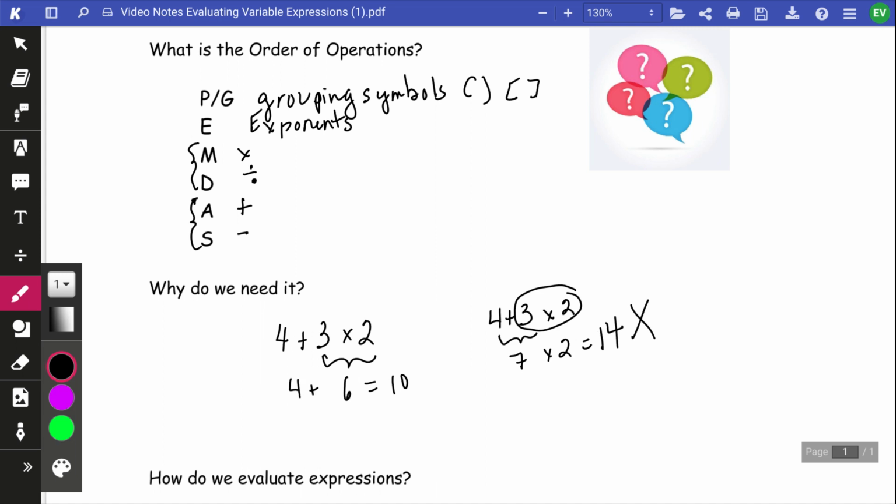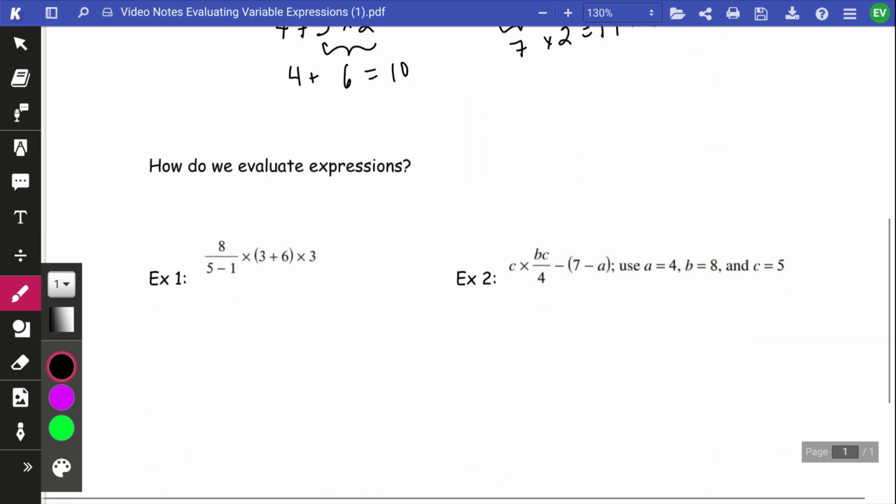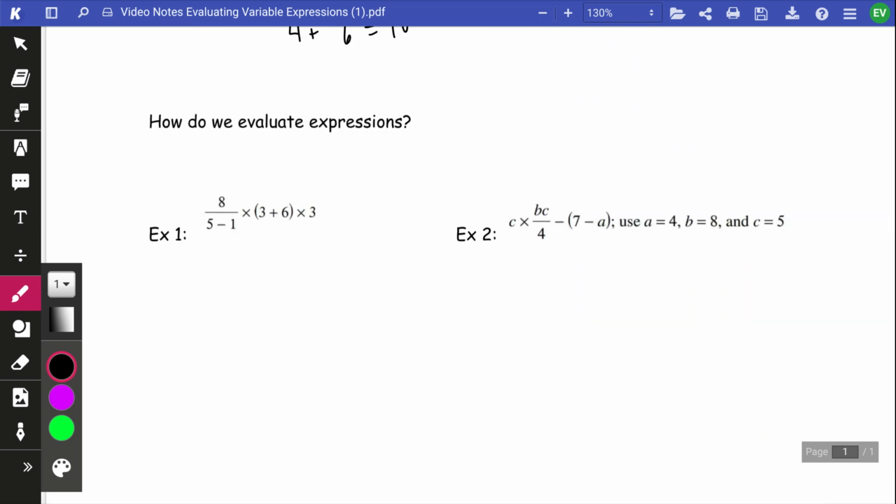The multiplication takes precedence. The multiplication is more important than the addition at this point in time. So we need it because then there's a system that everybody follows so that we all get the same answer.